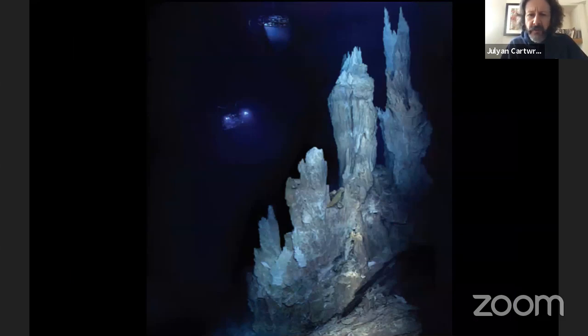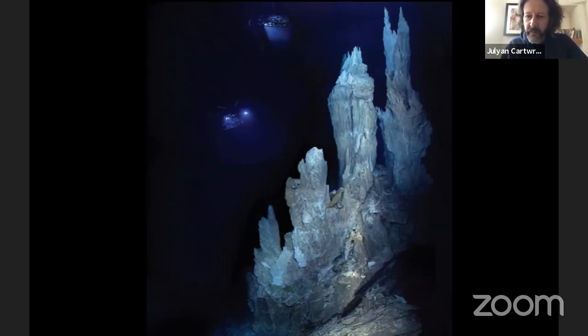So these hydrothermal vents were discovered on Earth in the 1970s. They occur at the bottoms of the oceans. Those are two submarines that you see illuminating the vent. They are structures that are tens of meters tall at the bottoms of the oceans.